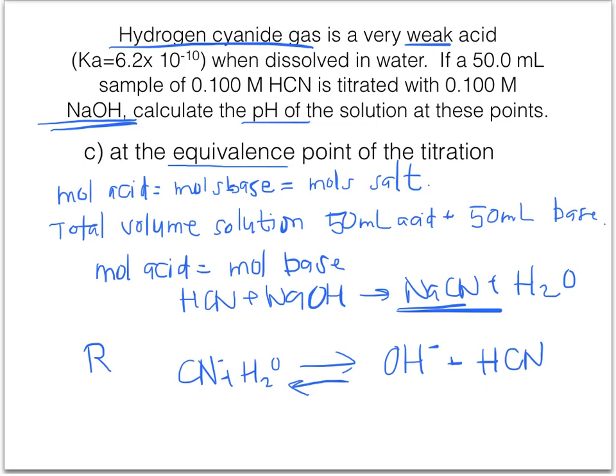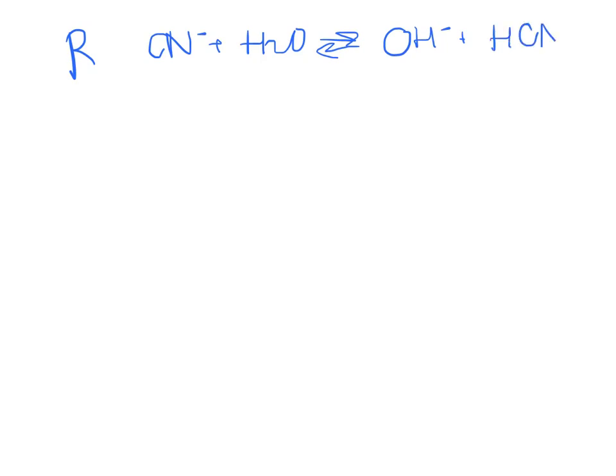Let's see, I'm going to need another page. Okay, so let me redo my reaction: CN plus H2O forms OH and HCN. So since I have OH, I'm going to need to have my Kb. And originally I was given Ka. So let's do the whole RICE table first.